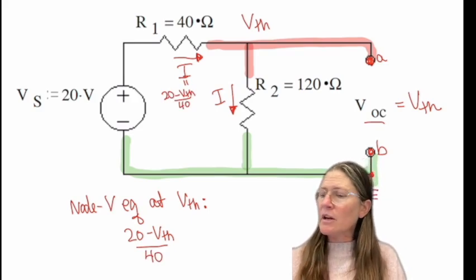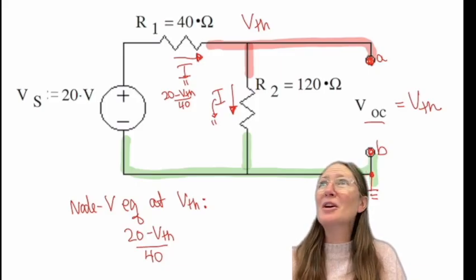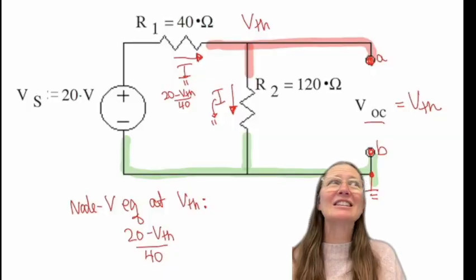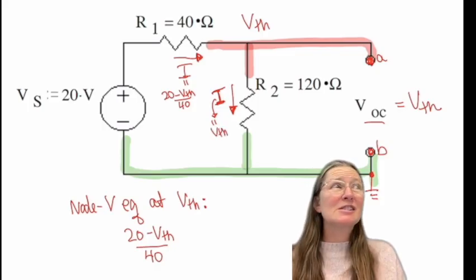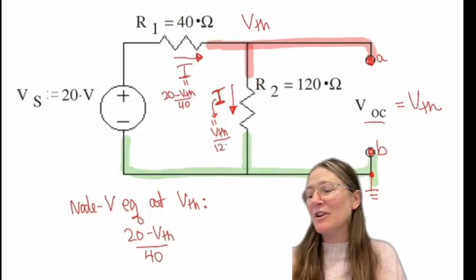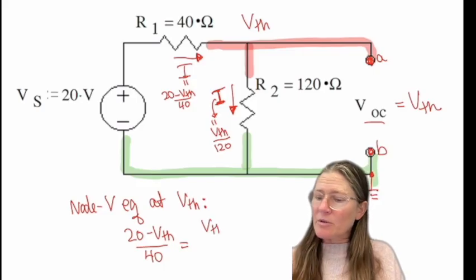That goes in, and then this current is going to be described as, say it louder, I heard somebody saying it. VTH, thank you, over 120. So one goes in, one goes out, so they'll be equal to each other.